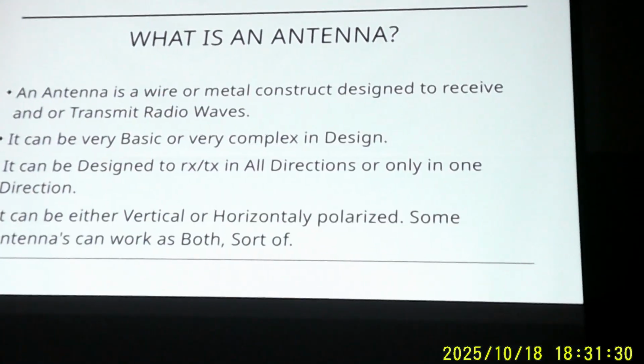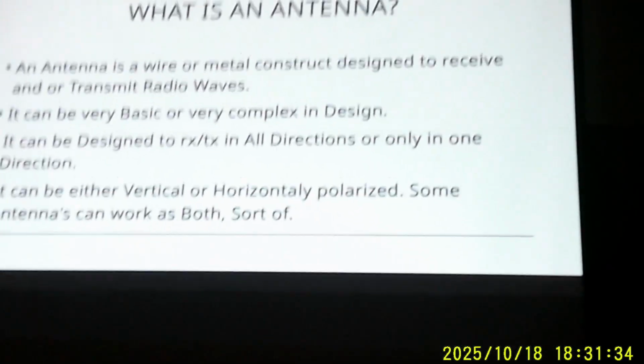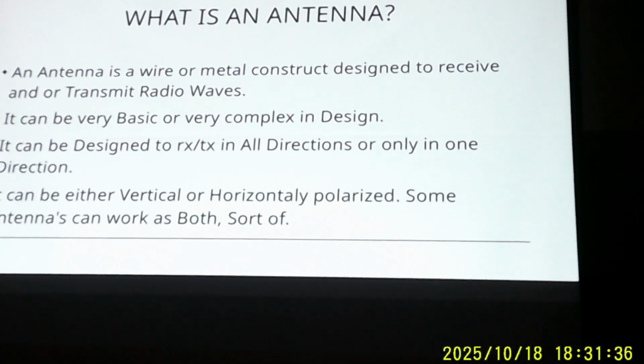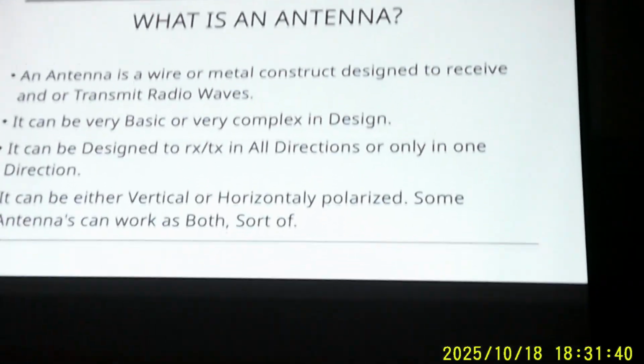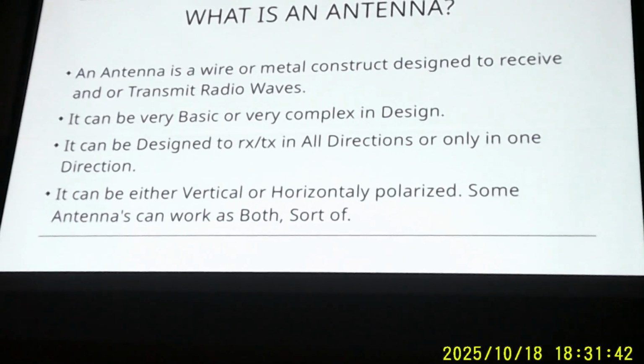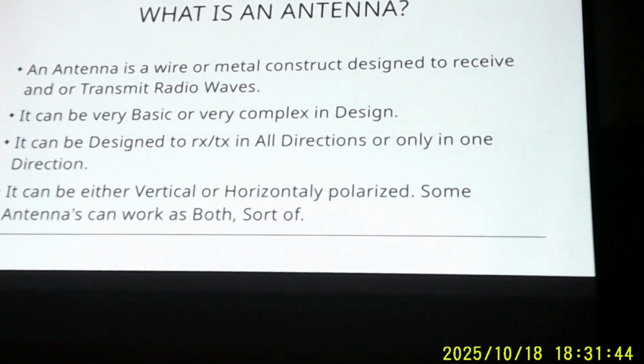Okay, so let's kick this thing off. An antenna, what is an antenna? Plain and simple, an antenna is a wire or metal construct designed to receive and/or transmit radio waves. Sounds like a good plan to me. It can be very basic or very complex in design, just like anything else in this world.